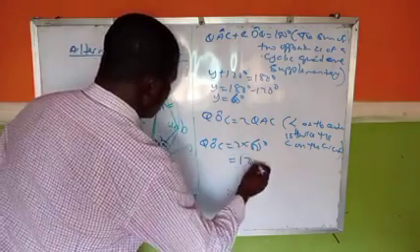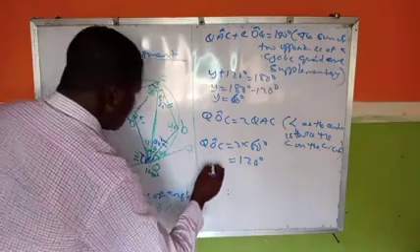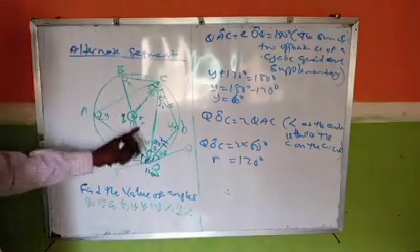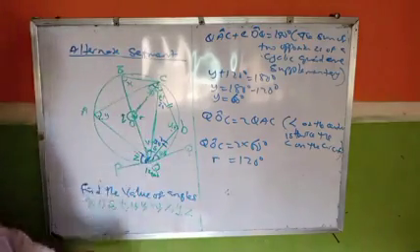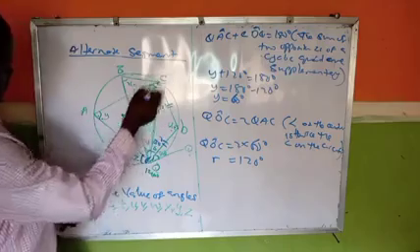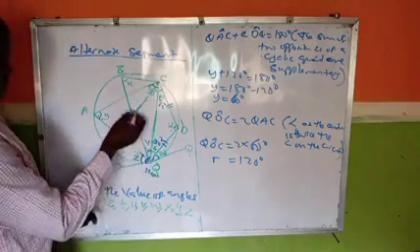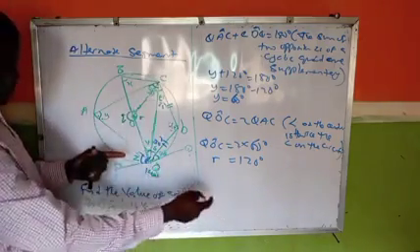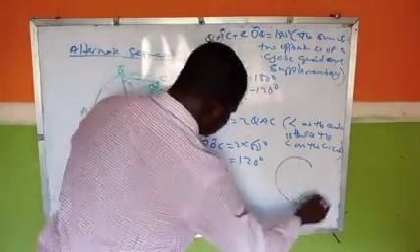That's equal to 120 degrees, which is angle R. This angle R is 120 degrees. Again, look at this one also. On the other side, have it like that. Look here. This is the opposite of that one.